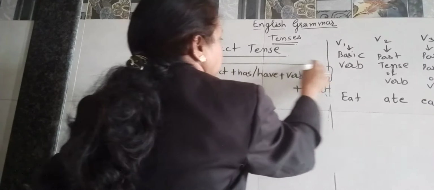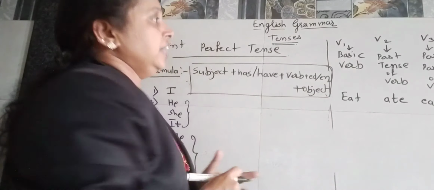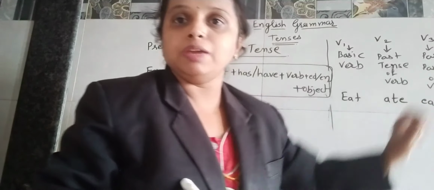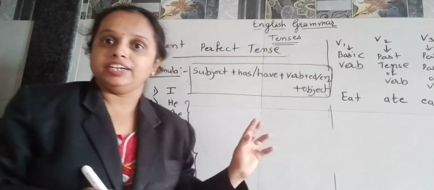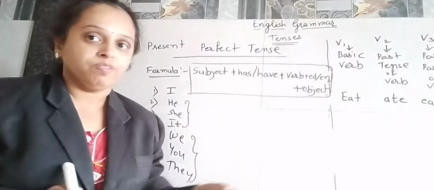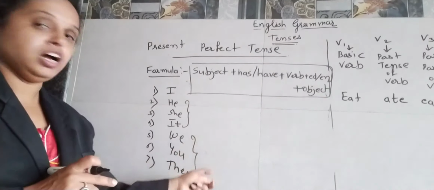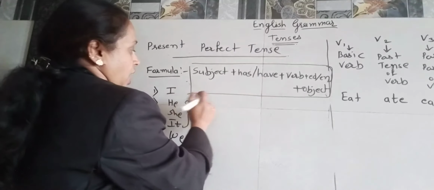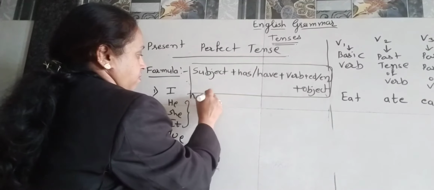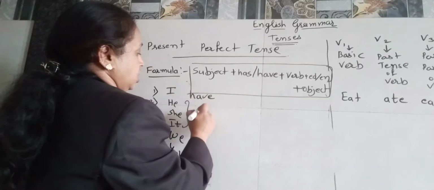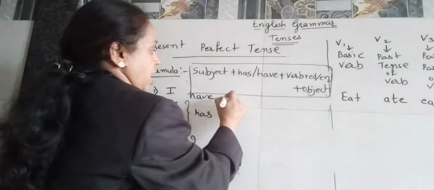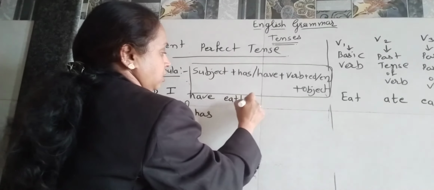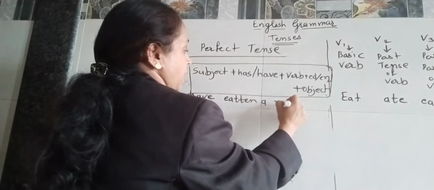What is this ed and en? It is the past participle of the verb. Now we'll see the sentences: I have eaten a mango, he, she, it has eaten a mango.